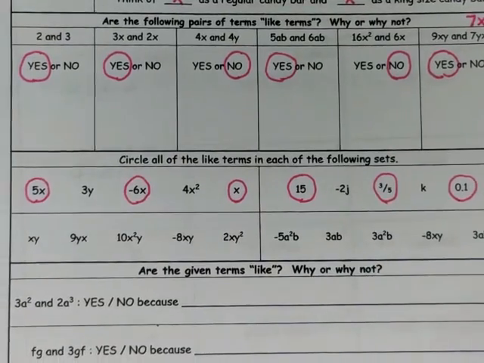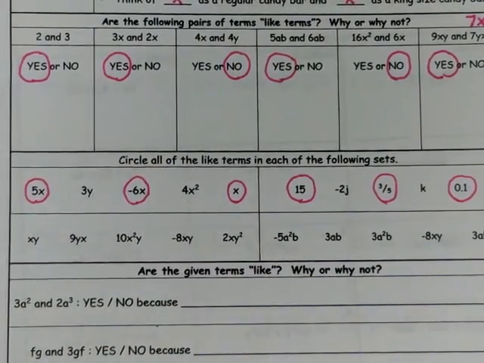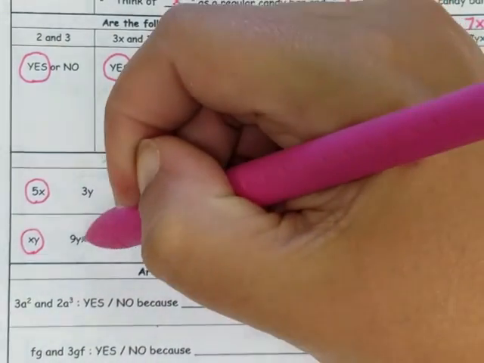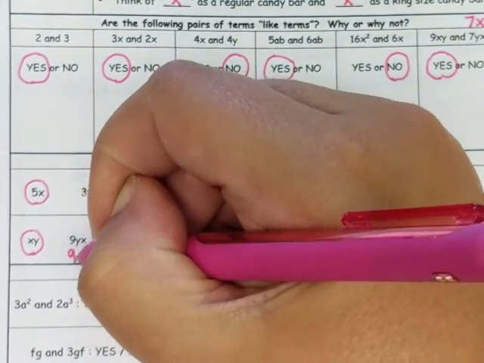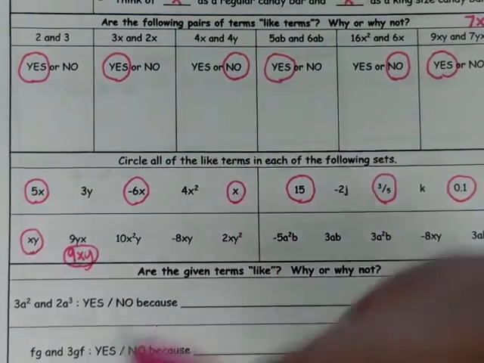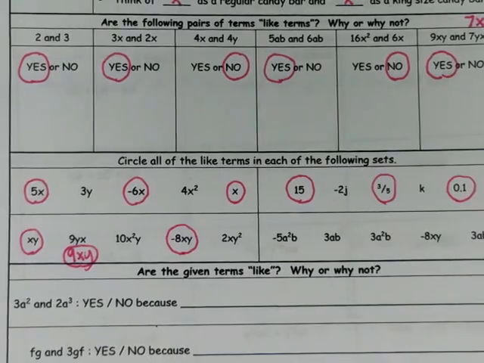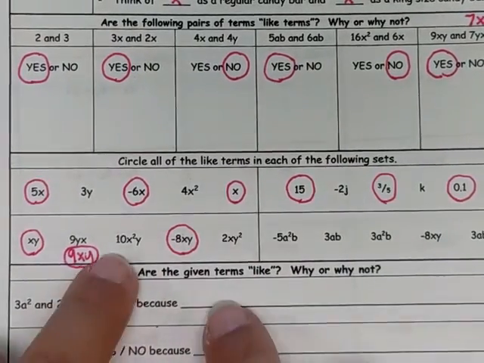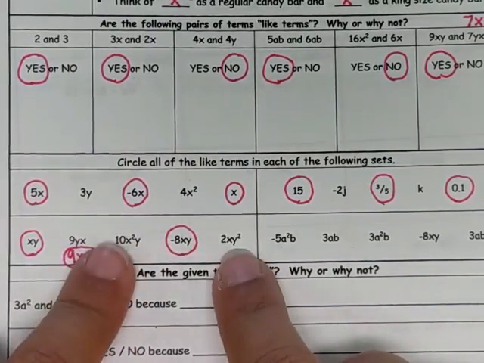I can combine those. Here, I'm looking for the like terms, and it looks like I've got xy, I've got 9, technically I can change the order to 9xy, because remember multiplication is commutative, and then negative 8xy. I can't put these two together because that's a x squared y and that's a xy squared, so those are actually different than each other.